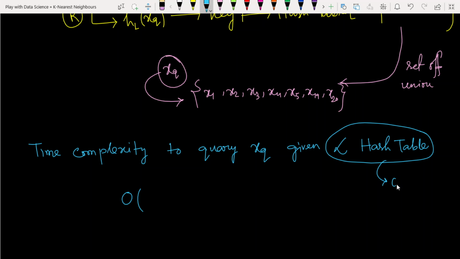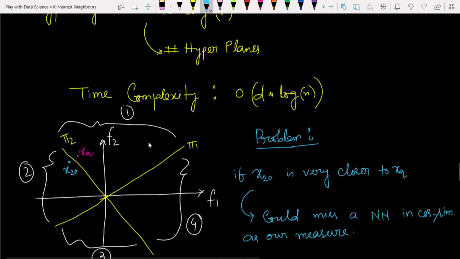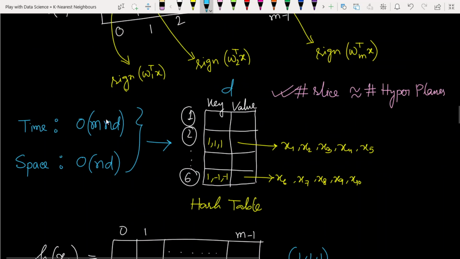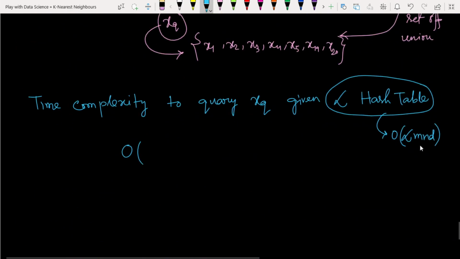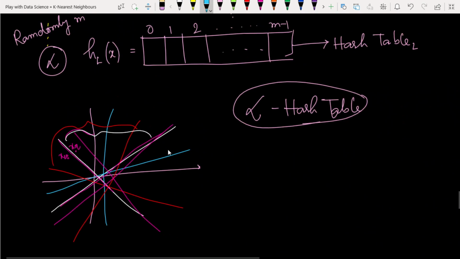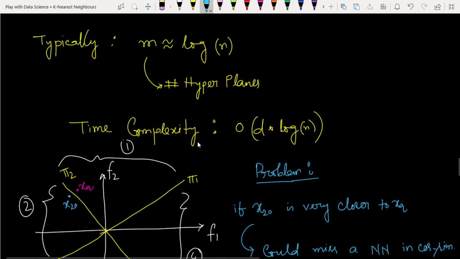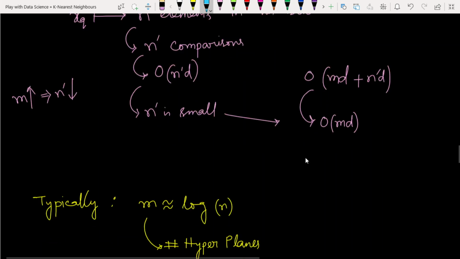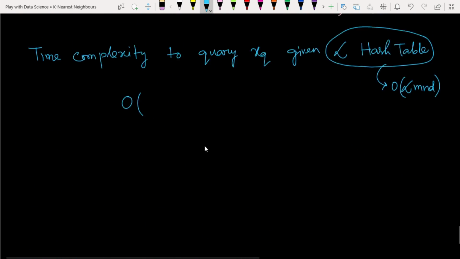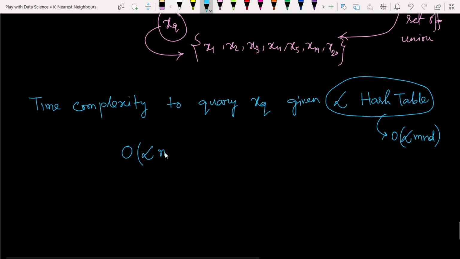Order of L m n d, because to calculate one hash table we need m n d, and for L hash tables we need L times that. Now the time complexity for a single query point, for a single hash table, is order of m d. For L hash tables, the time will be order of L m d.